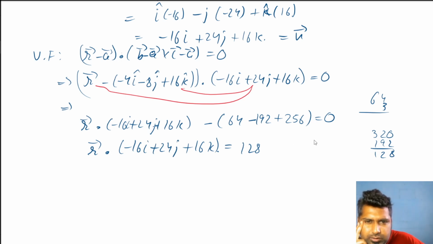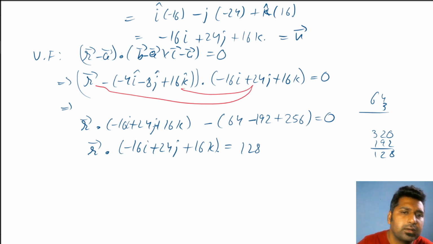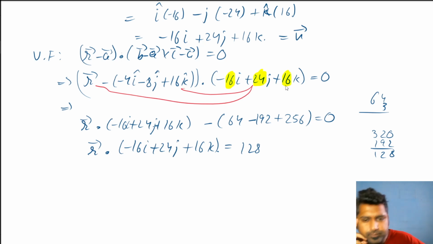We could have taken 16 or 8 common from the starting and reduced this. What we could have done here is taken 8 common, that would have given us the reduction and the calculations would have been lesser. Take 8 common and take it on the right side, that becomes 0.